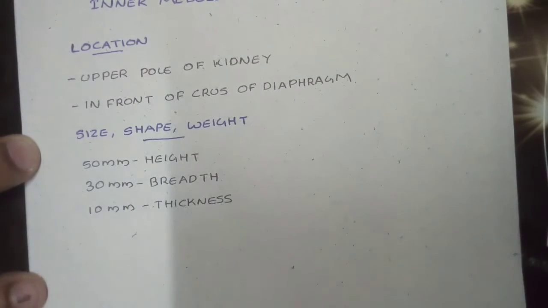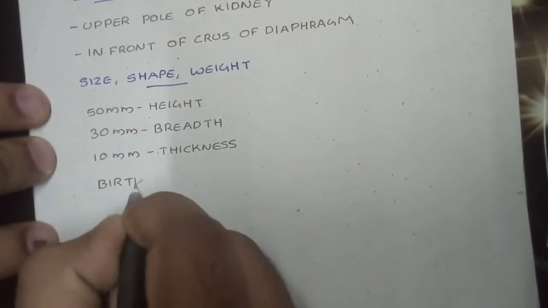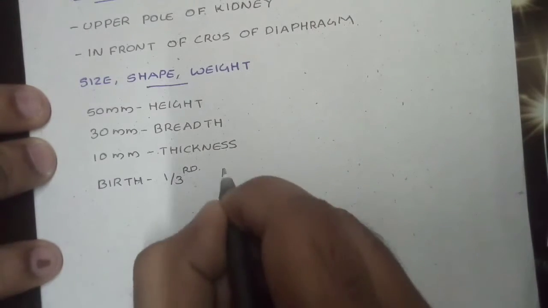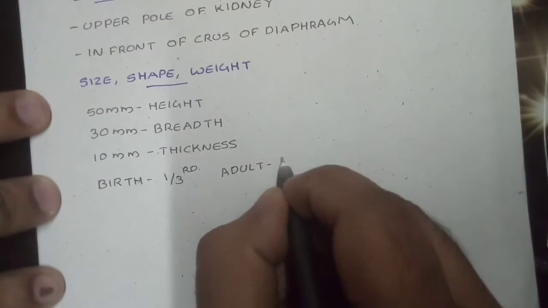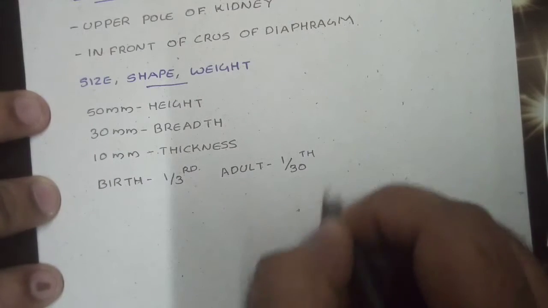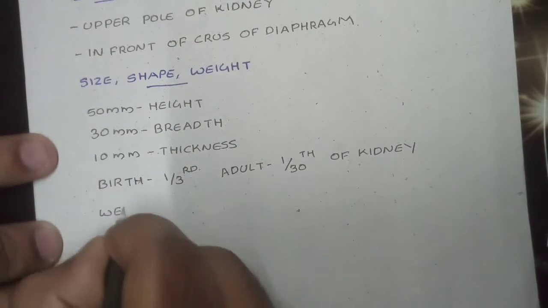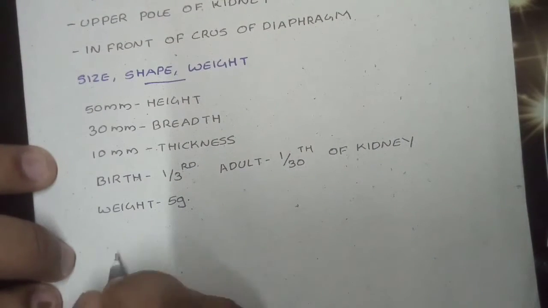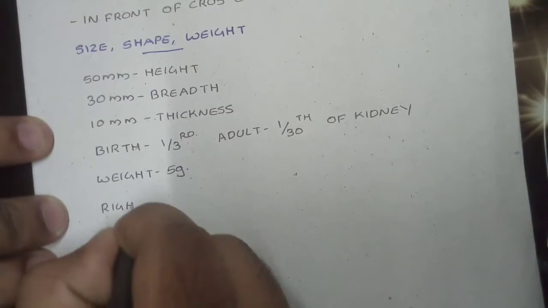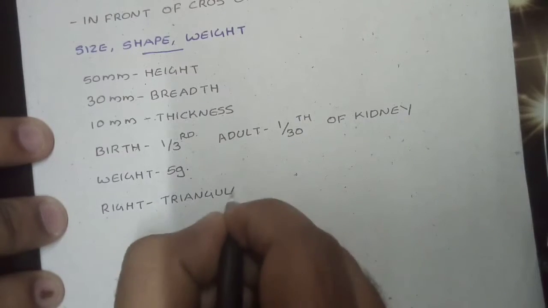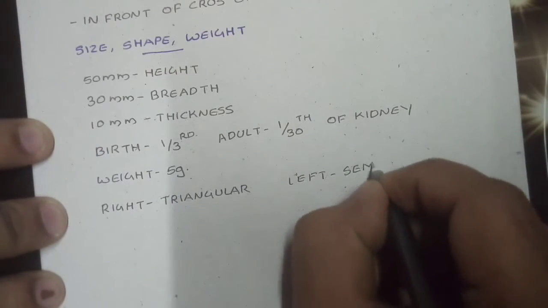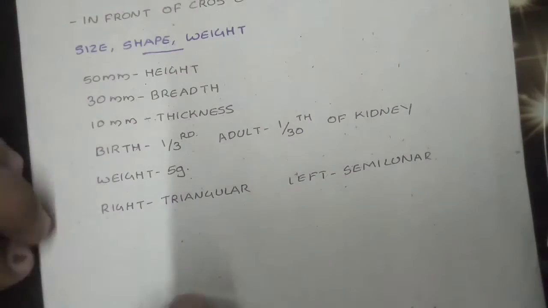It is approximately 1/3 of the size of the kidney at birth and about 1/30 in adults. So that is about the measurements. Its weight is about 5 grams, and the right suprarenal gland is triangular or pyramidal in shape, and the left is semilunar in shape.